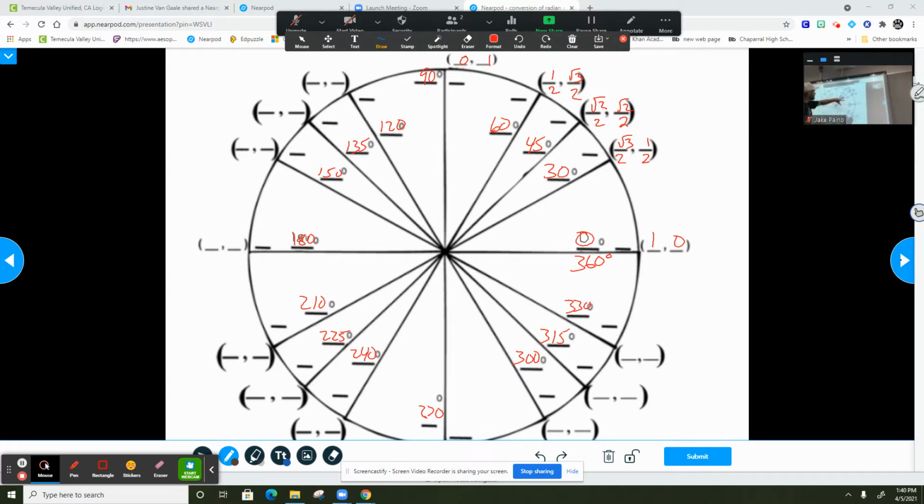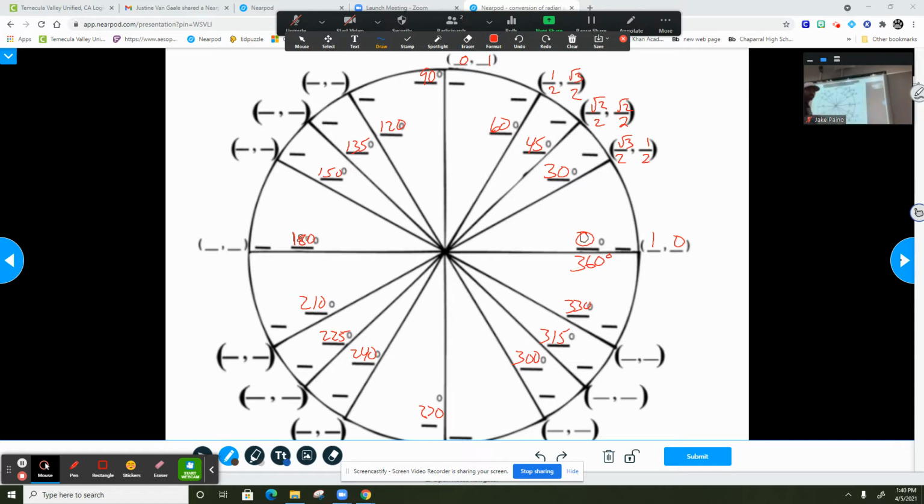If we have the first quadrant done, we should be able to easily figure out the rest of the circle. The key is, can you figure out that first quadrant? Using our special right triangles, we should be able to figure that out. But what else do we know?